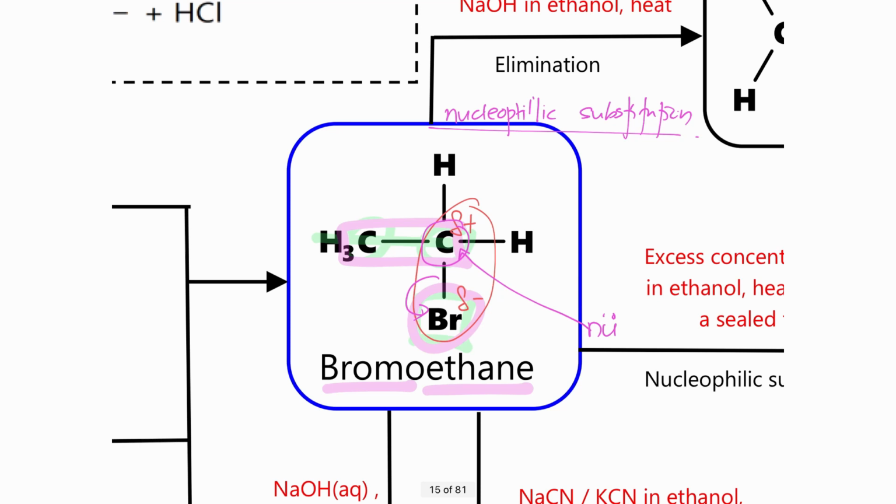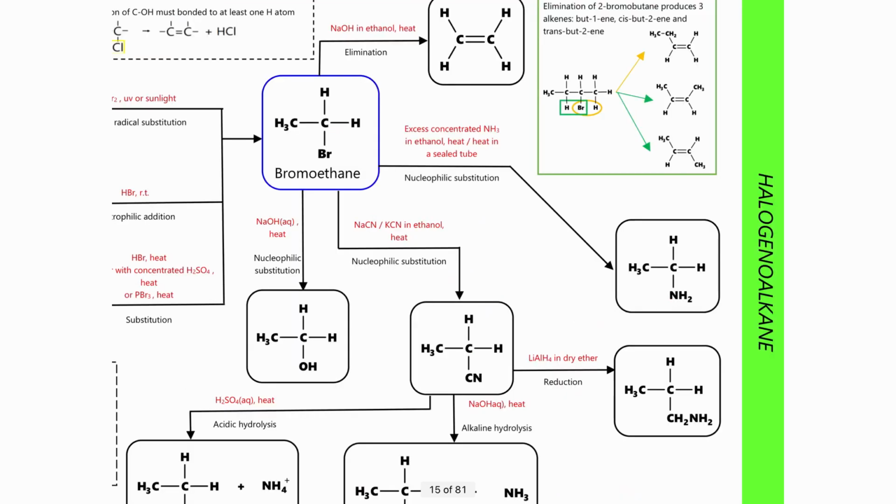There are three different kinds of reaction under nucleophilic substitution, where they have different nucleophiles. First of all, we have OH minus from NaOH as the nucleophile. Next, there will be CN minus from NaCN or KCN as the nucleophile.